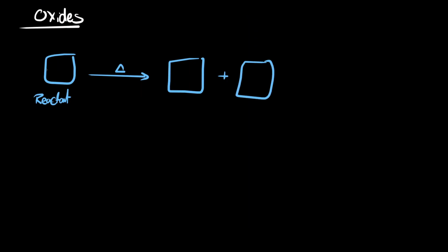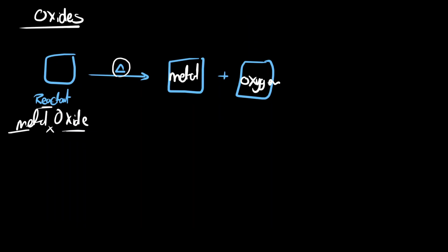Let's say here you have a metal oxide, right? By exposing it to heat, you just destroy the bond between the metal and the oxygen. So the first resultant is the metal that is in the reactant, and the other resultant is the oxygen.